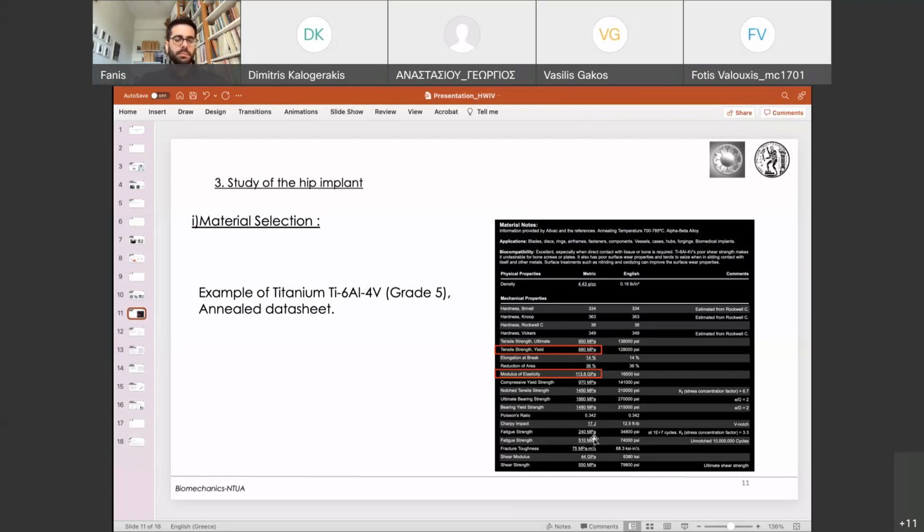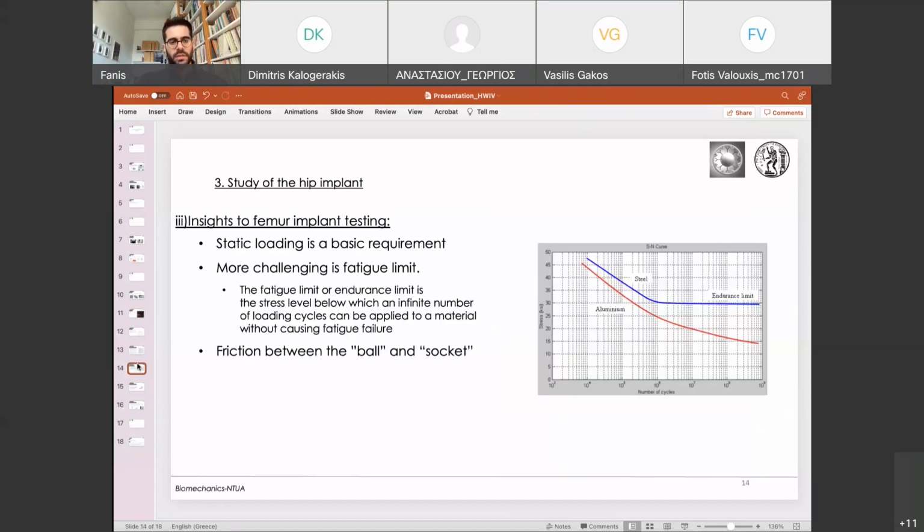So if you repeatedly load the implant, even with a much lower force, you might cause it to crack or fail, and that's something to be very wary of, especially when you're talking medical devices. It has to work for many years, so we have to take that into consideration.